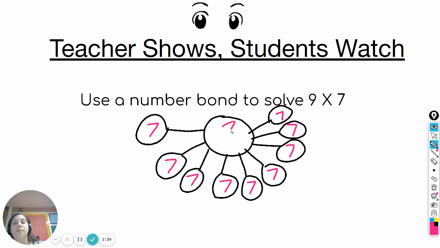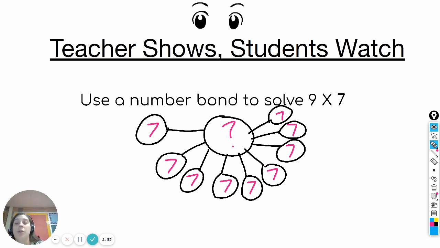Now what we need to figure out is our product or our answer. So how can we use this number bond? We can use the number bond to help us keep track of our skip counting. So we're going to skip count by sevens 9 times.